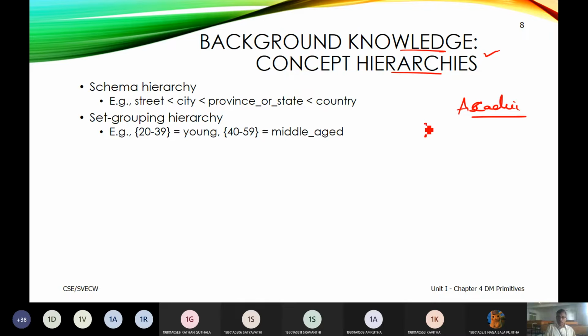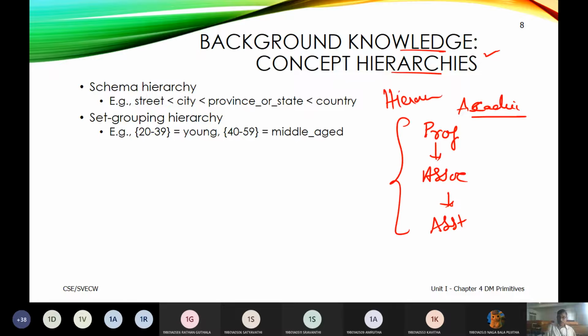So you know your professors, you know your associate professors. So these three categories you are aware of.